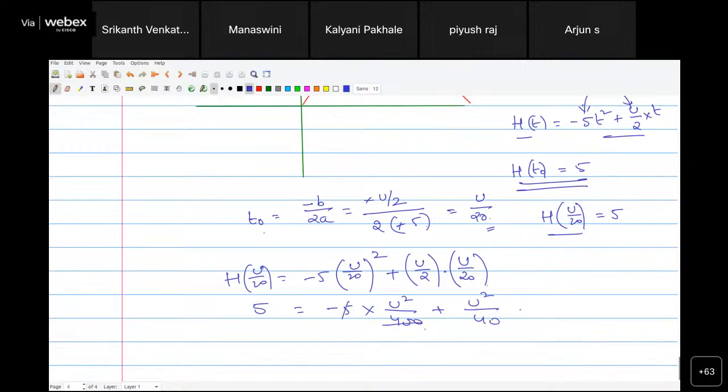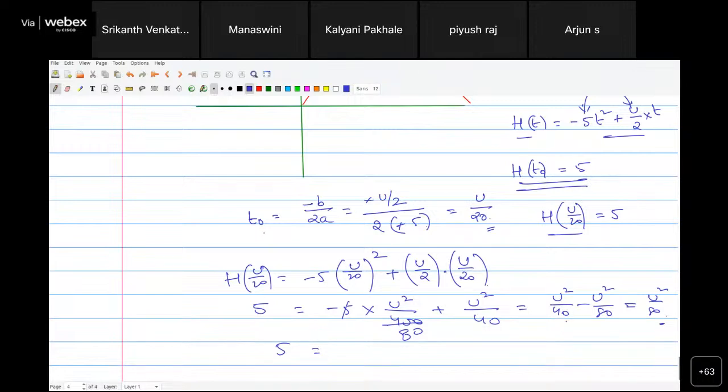So 5 is equal to u square by 40 minus u square by 80.